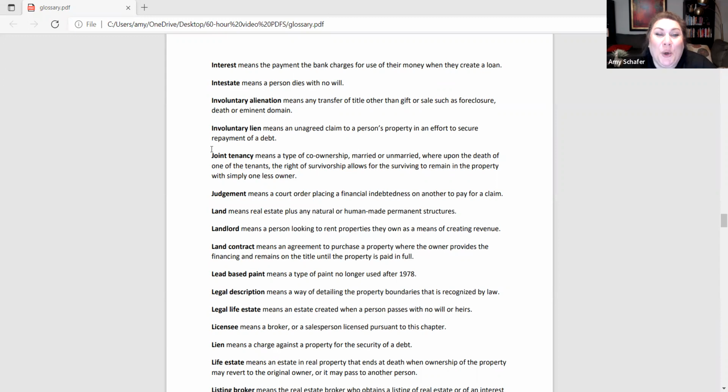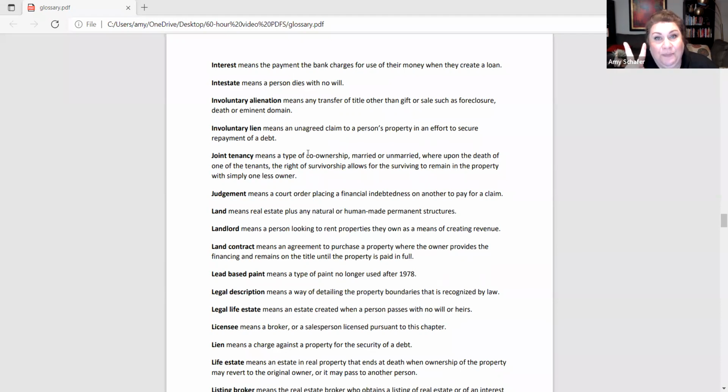Okay. Joint tenancy is another big one. This is a type of ownership. And what's important for you to know about this are two things. One, it's got the right of survivorship, which means if you have co-ownership and one person passes, there's simply one less owner.